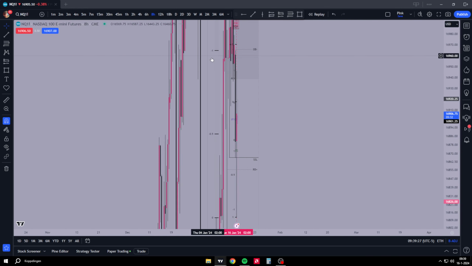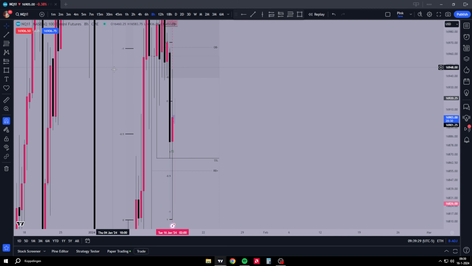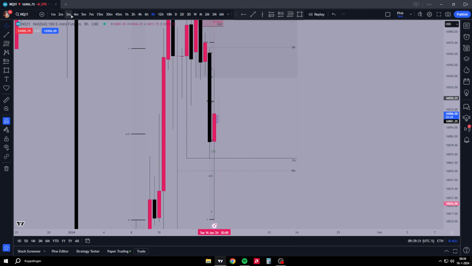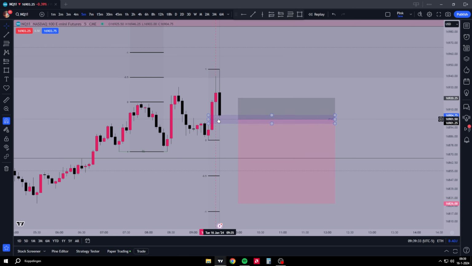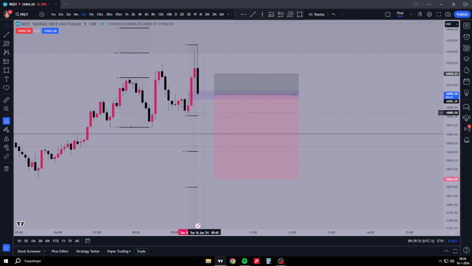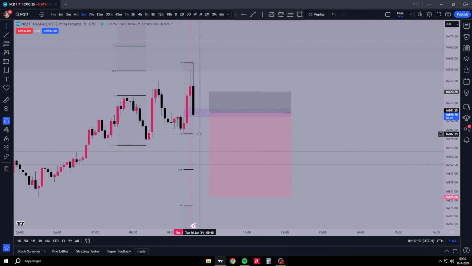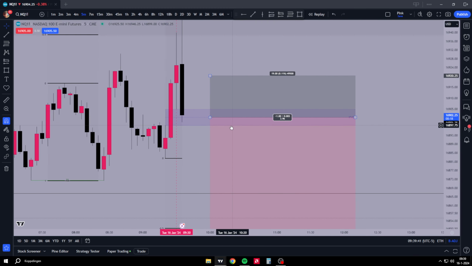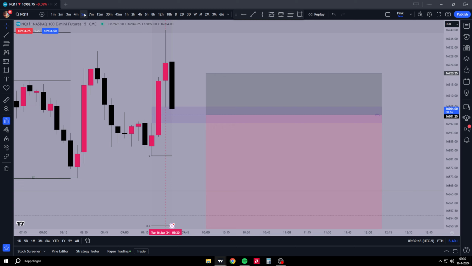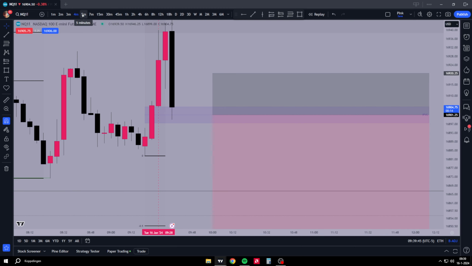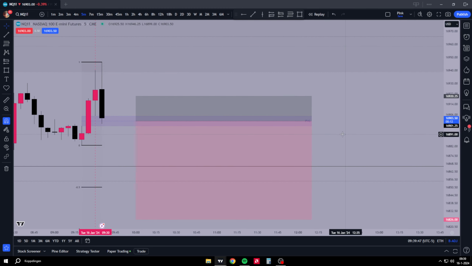Still have 20 more minutes. In 20 minutes we could definitely see this consequent encroachment if we close below this value gap, only 5 minutes. Yeah, only 5 minutes. So we'll see what we do.